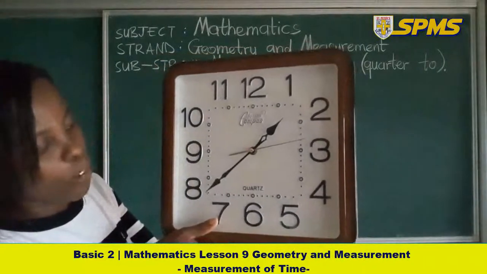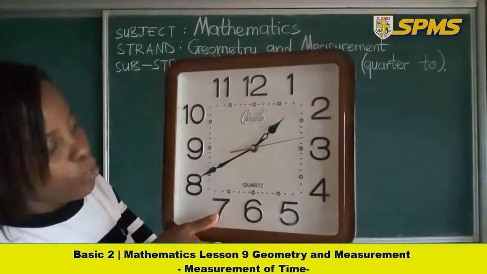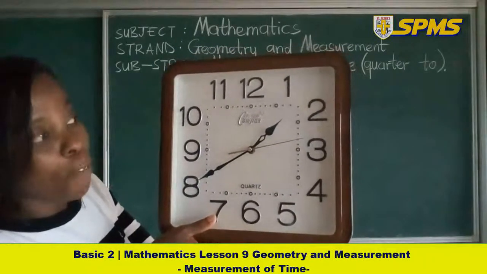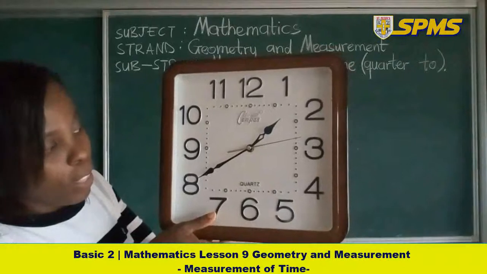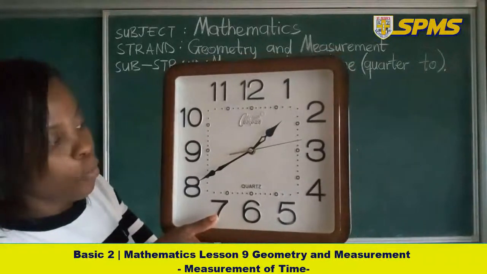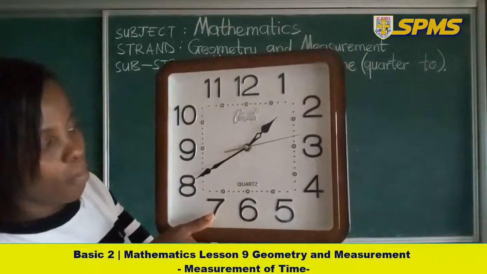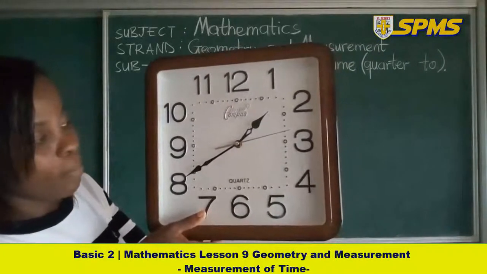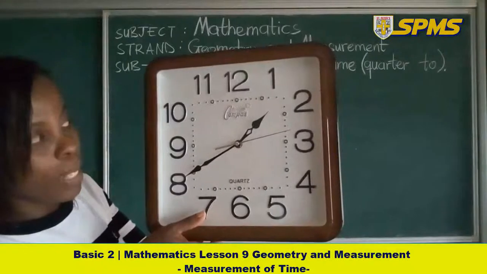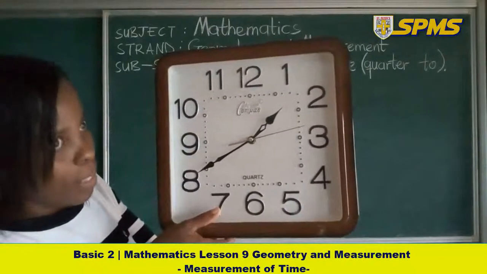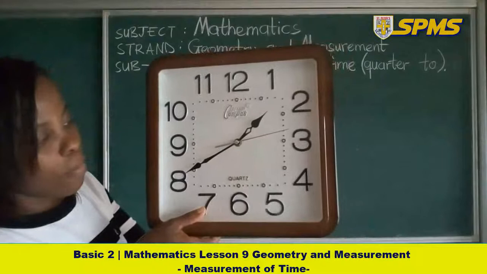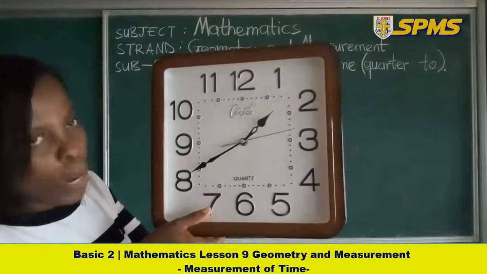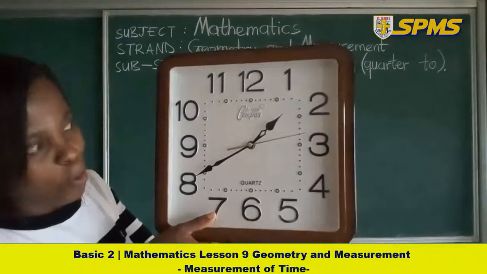Our minute hand is moving from 7 to 8. So how many minutes are left for the minute hand to get to 12? Count and tell me. Remember, the interval between the numbers is 5. 20 minutes to 2.